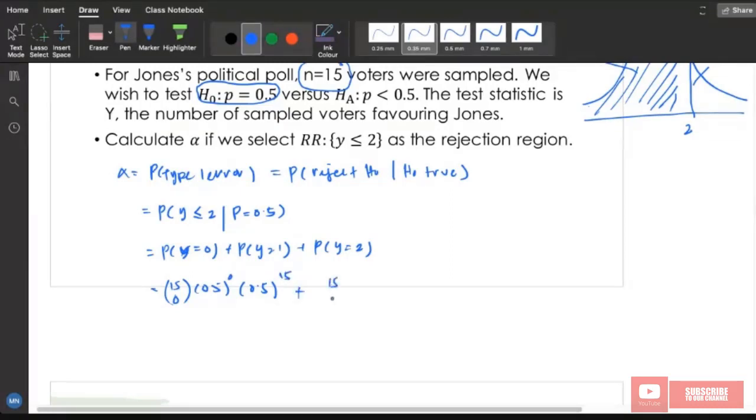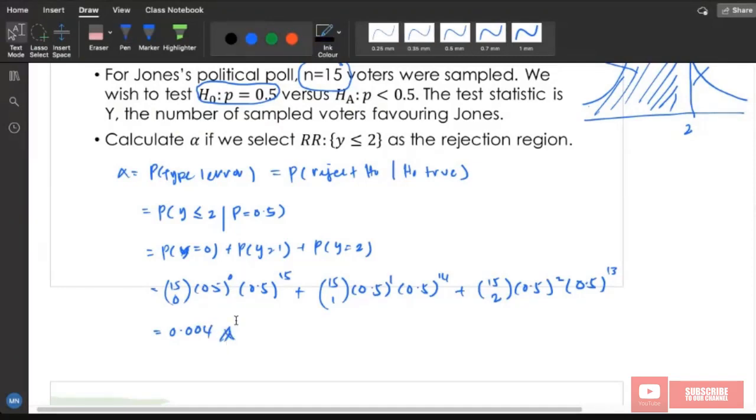You see 15 choose 1, 0.5 power of 1, 0.5 power of 14. The next one, 15 choose 2, 0.5 power of 2, 0.5 power of 13, right? So this one is going to lead us to 0.004.